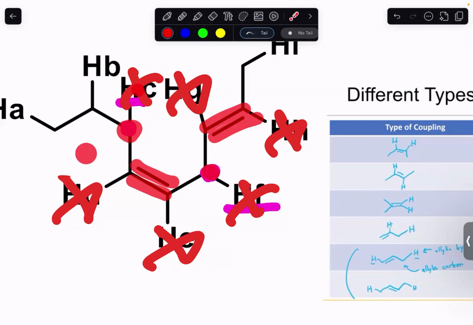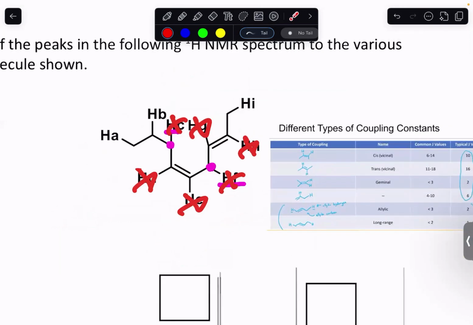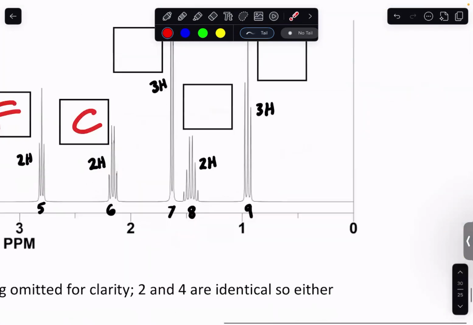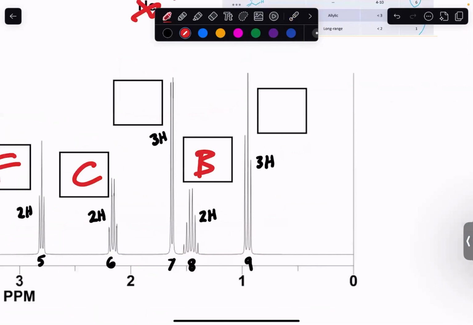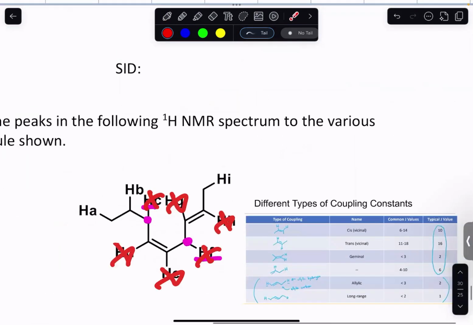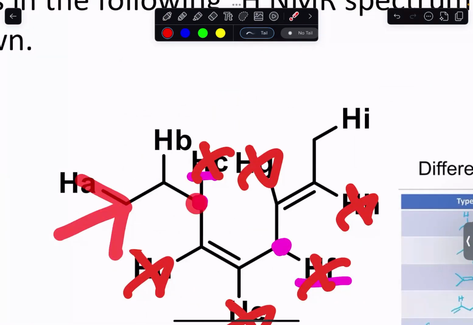HC is one carbon away from this alkene. HF is in between these two alkenes right here, right? So HB here has 2 hydrogens. So this has to be HB, which has 1, 2, 3, 4, 5, 6 subpeaks. So that means it has 5 neighbors. Let's check that out. 1, 2, 3, 4, 5 neighbors. That's good. Making sense so far? Or am I going too fast?